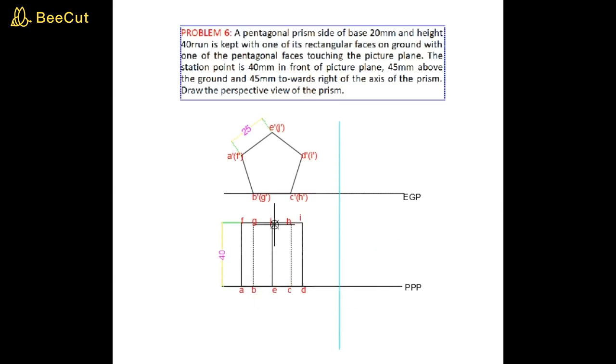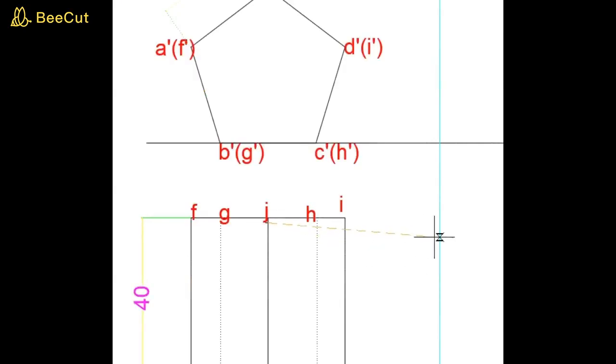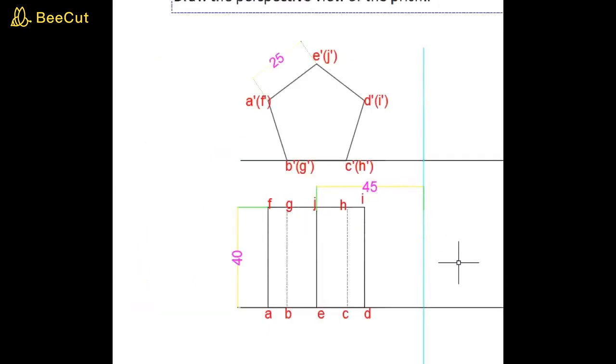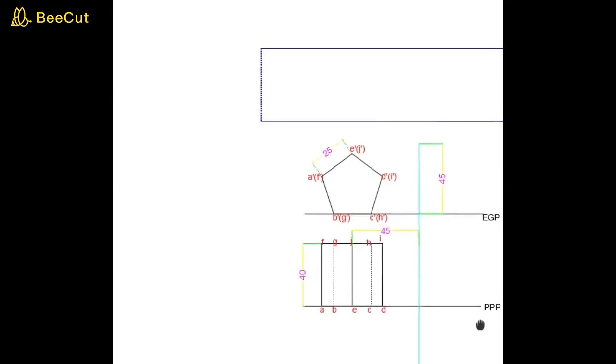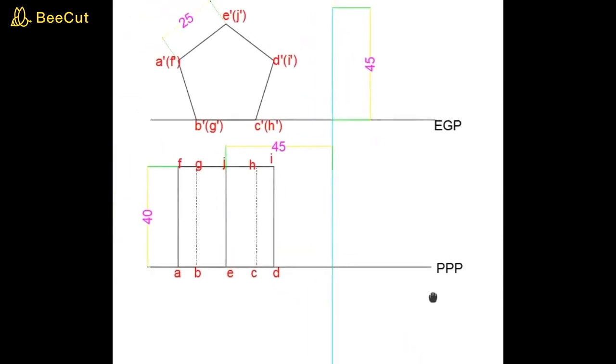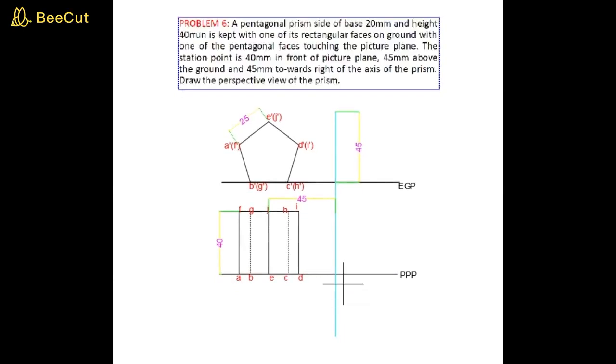The central plane is 45 mm from the axis, like this, and it is 45 mm above the GP, and also it is 40 mm in front of the picture plane. So this point is S dash and this one is small letter s. Mark them.